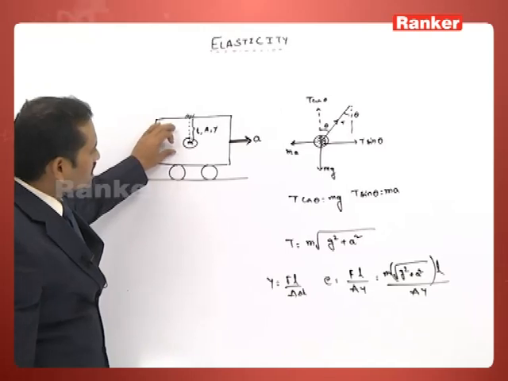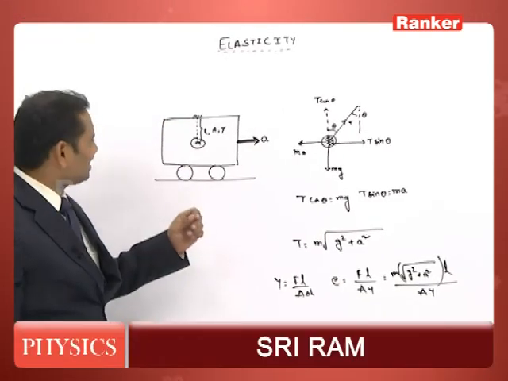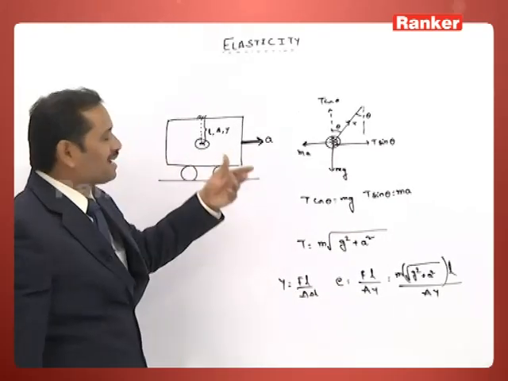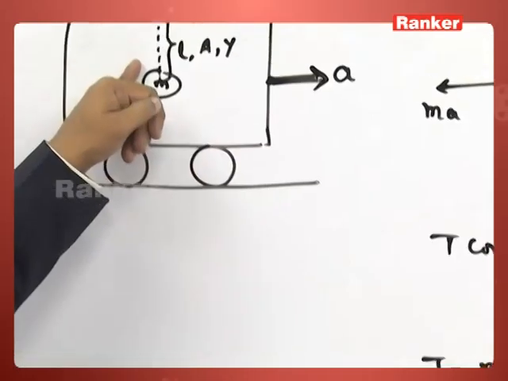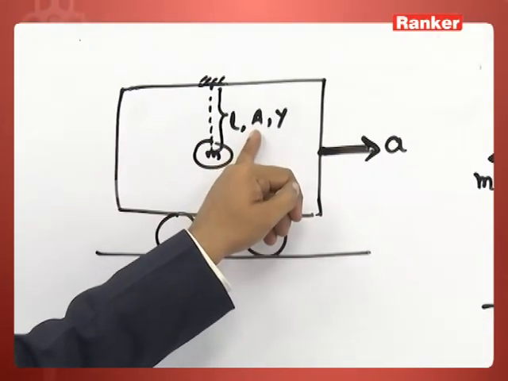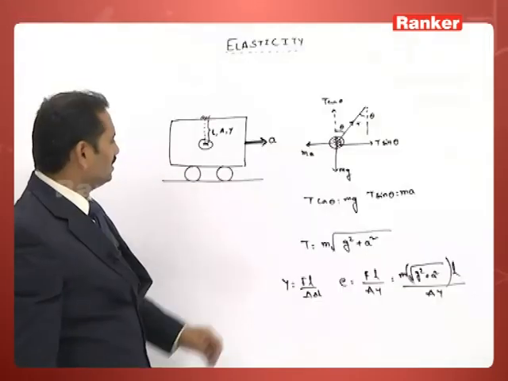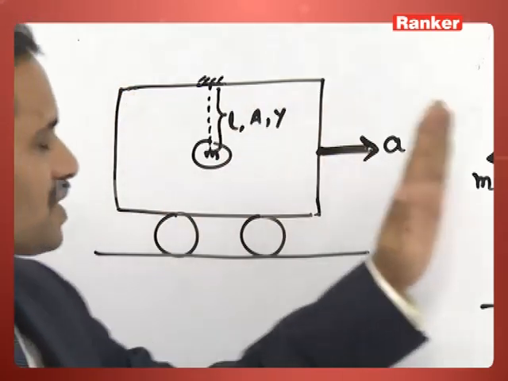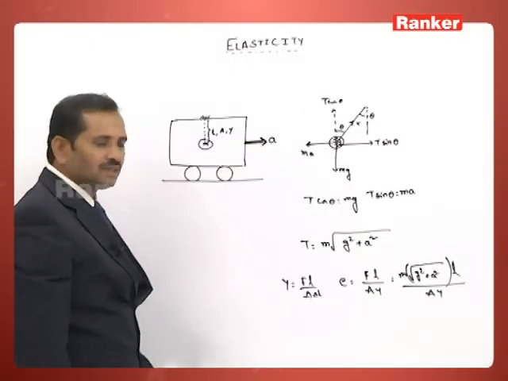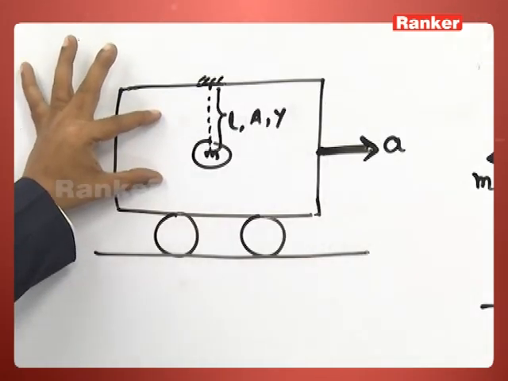This is one of the non-inertial frame of reference examples. Once again I want to repeat it. Nothing is there, a very simple question, simple concept. They can construct it in a tricky manner like this. If the string is extensible, having Young's modulus Y, area A, length L, then the system is set into right side motion with an acceleration a. This frame of reference is a non-inertial frame of reference.